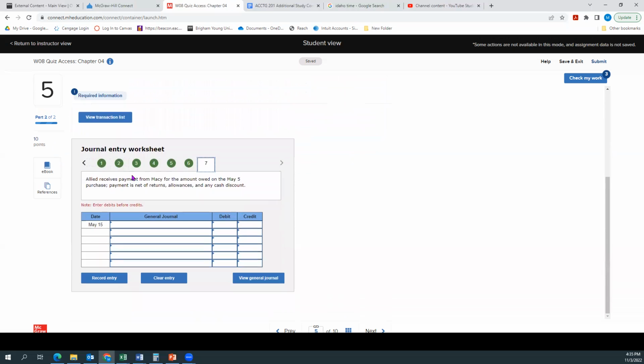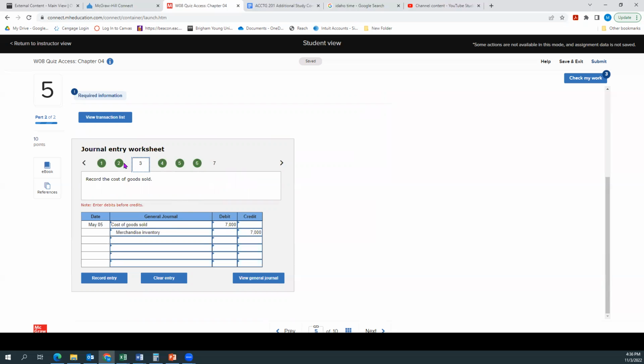We can look back at our transactions and say they did owe us $11,000, but then we gave them back 1,100 for that return, and then we credited them another 300 for the scuffed stuff.